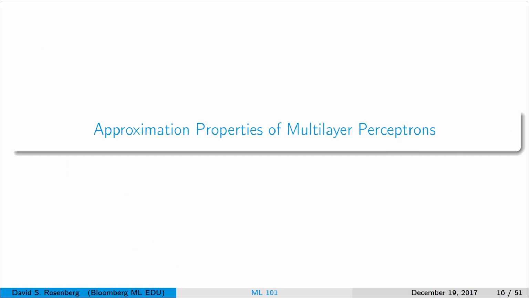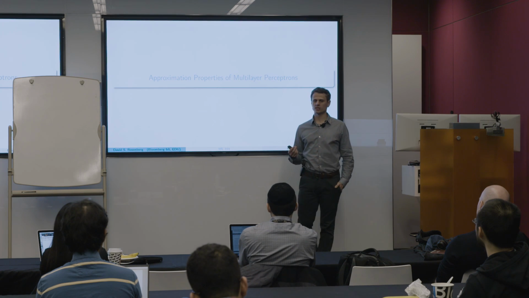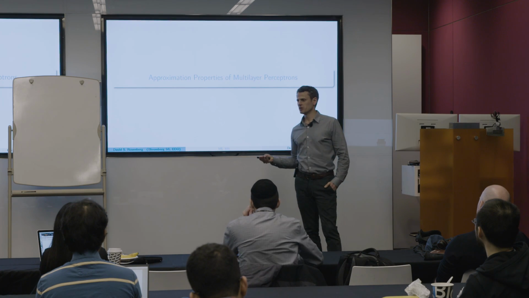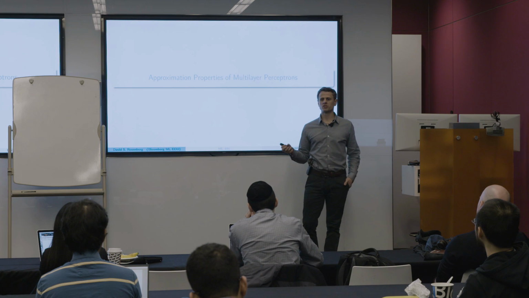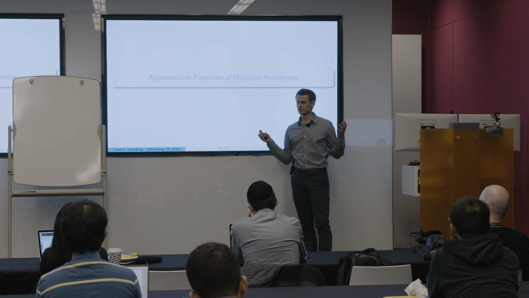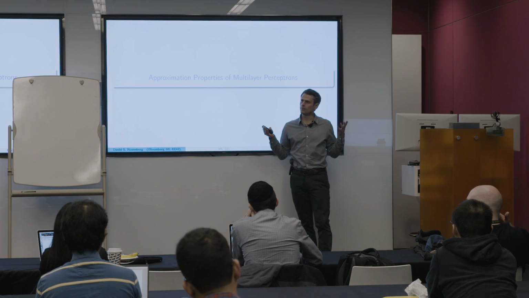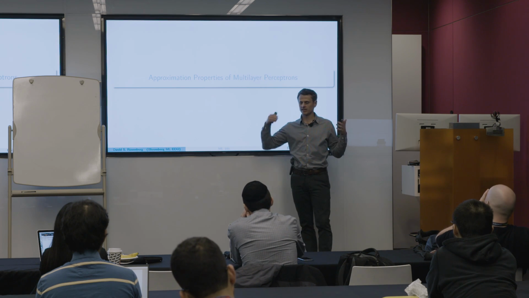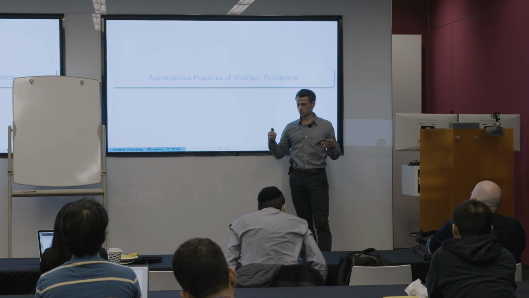So one interesting thing about neural networks is that they have very good approximation properties. Remember back to maybe our second lecture, we talked about approximation error and estimation error. And approximation error was, there might be some functions that there's nothing in our hypothesis space that can get close to, right? It's just too complicated.